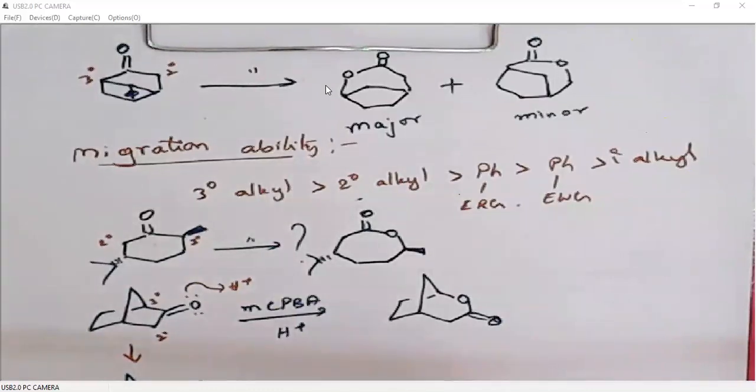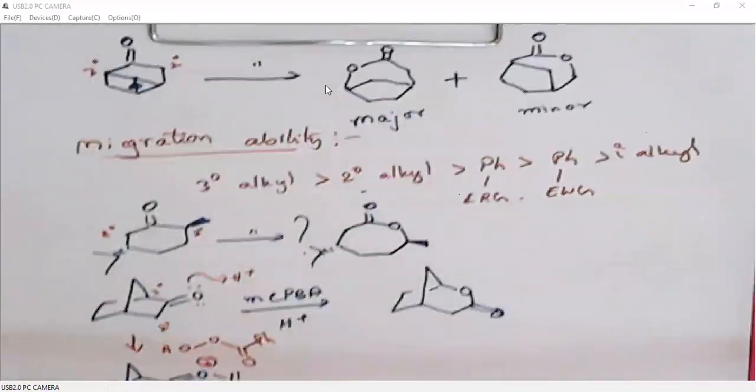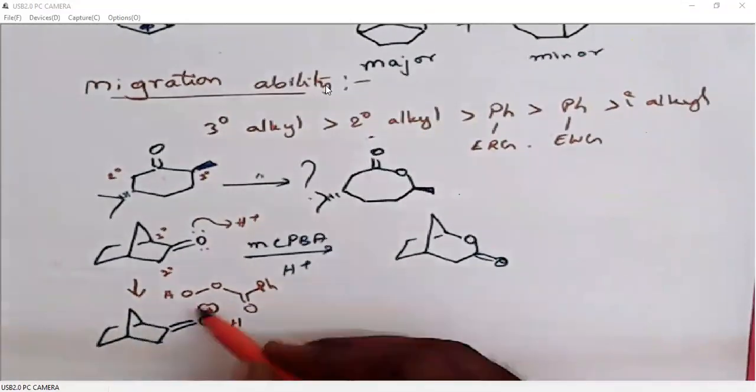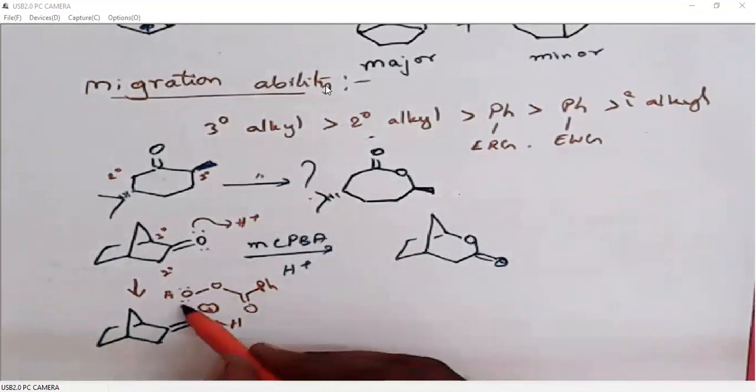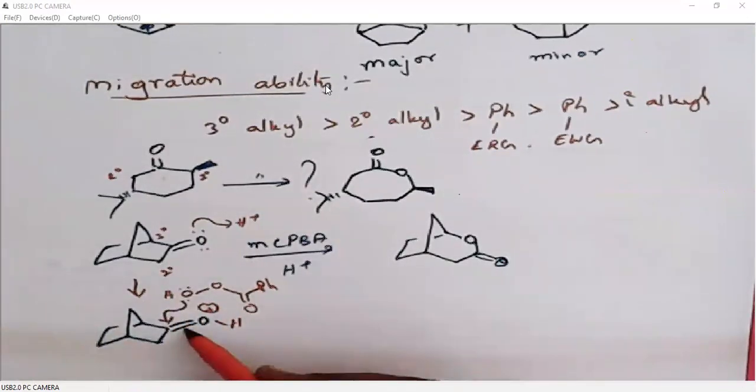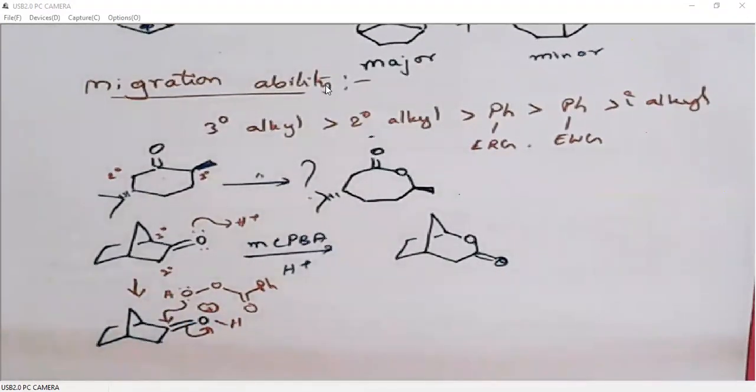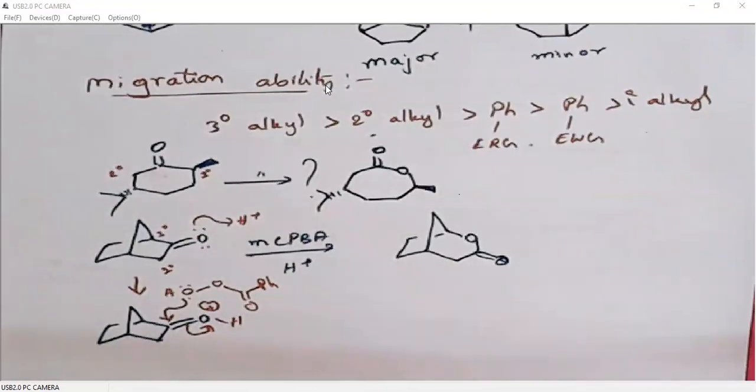So this oxygen will get a positive charge. Now MCPBA will attack on this carbonyl carbon, so that the carbon-oxygen double bond will be polarized towards oxygen.